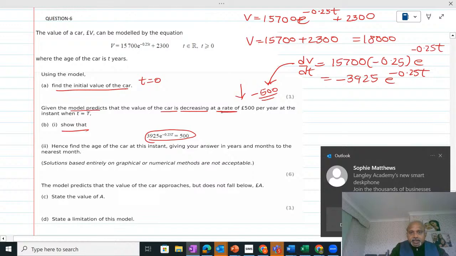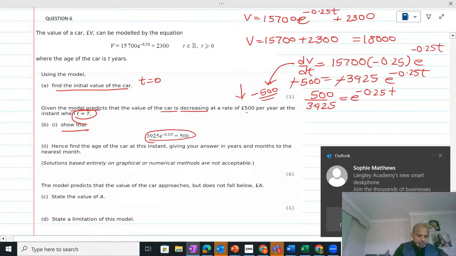The car is decreasing at a rate of 500, so here we will put minus 500. This minus and this minus will be eliminated. So 500 over 3925 equal to e to the power minus 0.25t. And here t is given capital T, so this t we can replace with capital T.